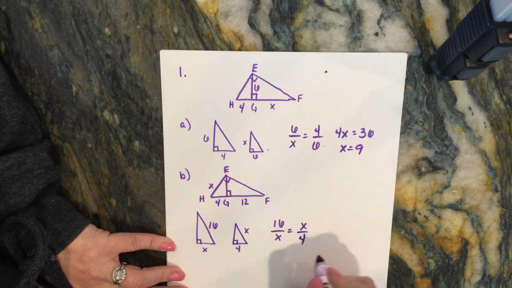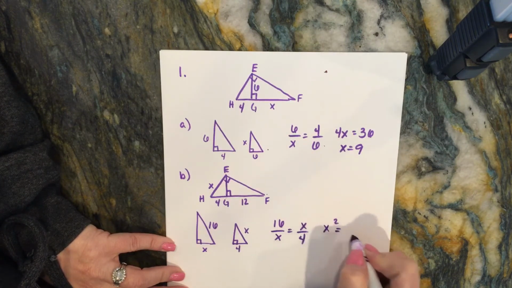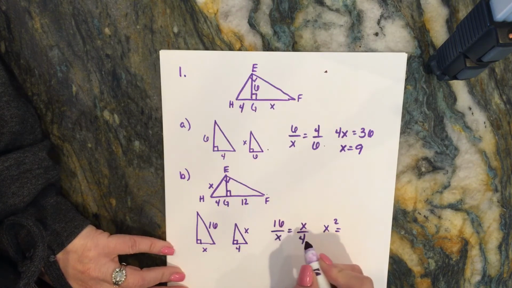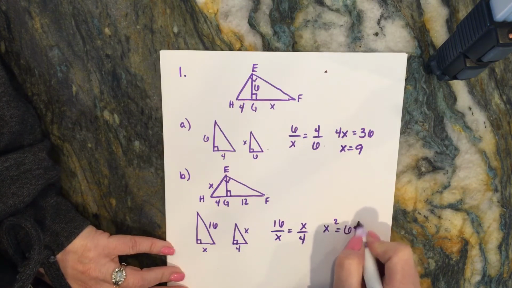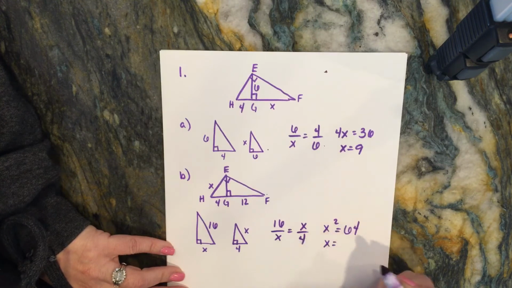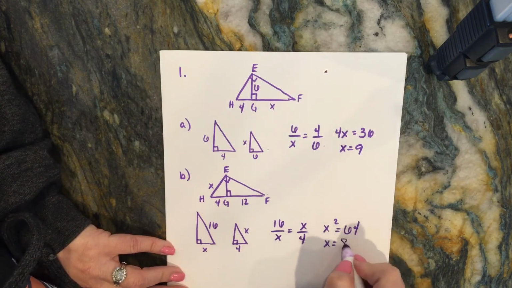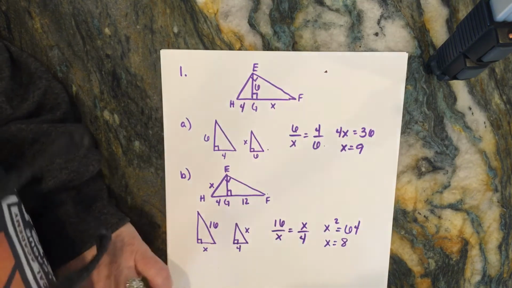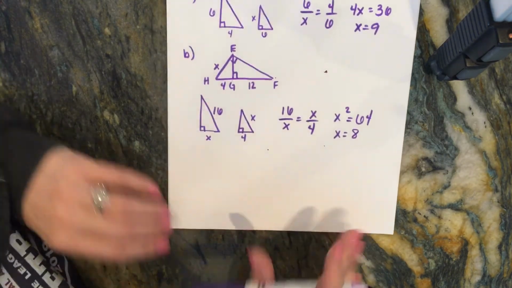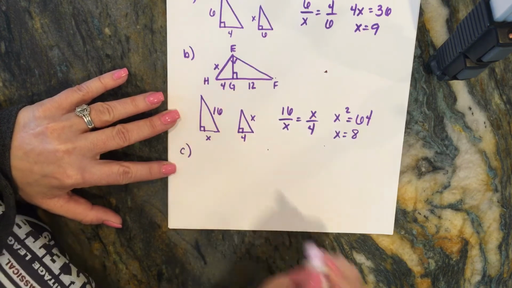And we cross multiply, X squared equals 4 times 16, 64. So X equals, now it'll be plus or minus 8, but since we're working with distances, we're going to take the positive.